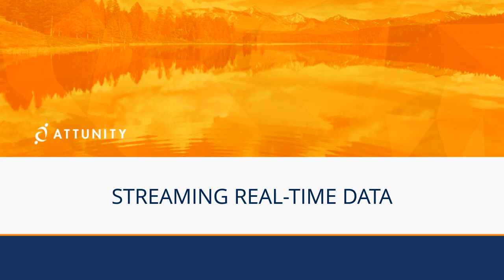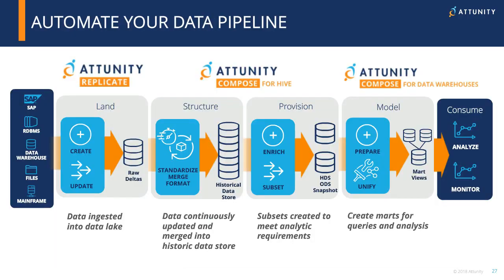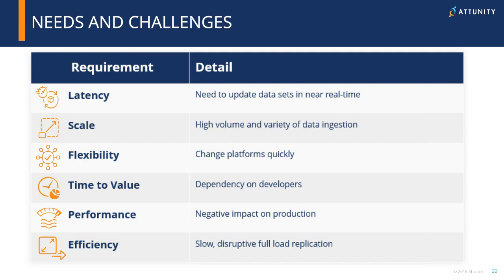Yeah, thanks, Cindy. I thought I'd take just a minute here to talk about some of the needs and challenges as organizations are moving more toward real-time. Some considerations. Obviously, latency. As you move to real-time, your intent is to reduce that latency. So it's about capturing changes as quickly as possible, moving the data where and when it's needed.